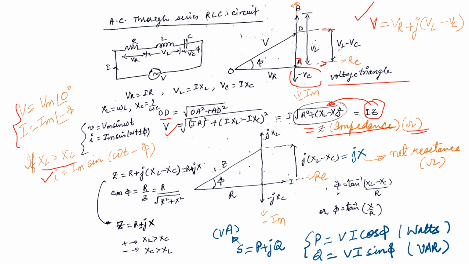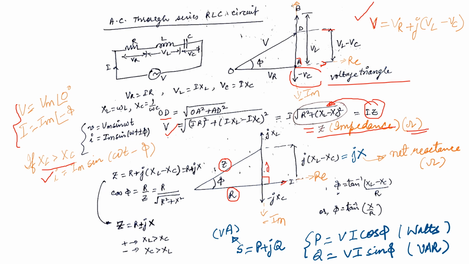Now we can make the impedance triangle. If we make the impedance triangle, we can get this type of triangle, which is plotted against the real and imaginary axis. So this is R, which will be plotted against the real axis. I has been taken as the reference vector, and jXL is 90 degrees from I. Similarly, Z is the final resultant of these two quantities, that is R and jX.